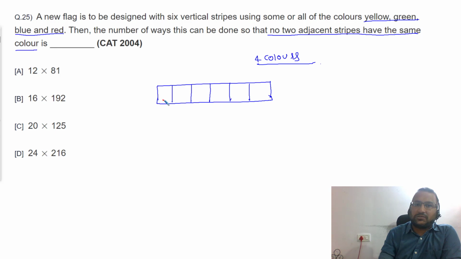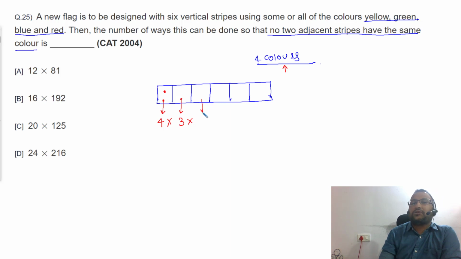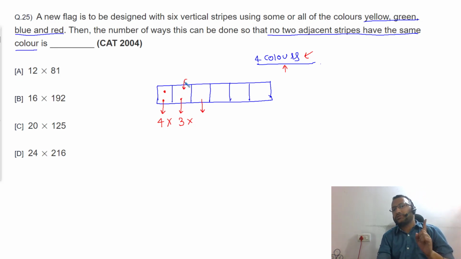For the first strip we have a choice of 4 colors. For the second strip, total 4 colors are available. Out of these 4 colors we cannot use the one color already used over here, so we are left with a choice of 3 colors. For the third strip, total 4 colors are available. We cannot choose the color used in the second strip. We can use the color of the first strip, but we cannot use the color used in the second strip. So again there are 3 choices.